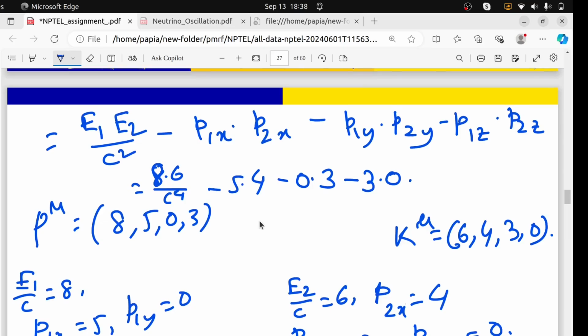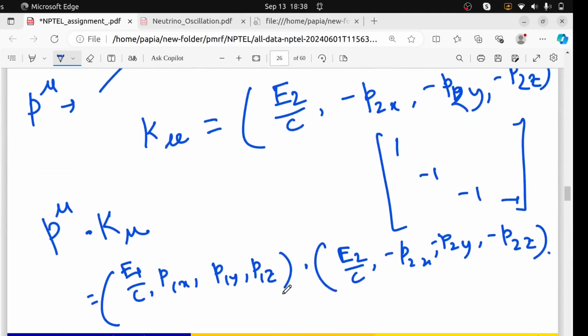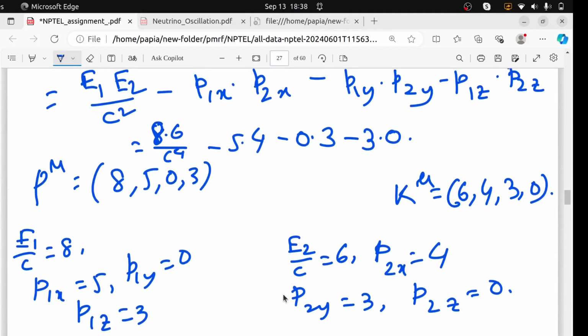I think it is given in the appropriate unit. So obviously, as a whole, there will be no c square.